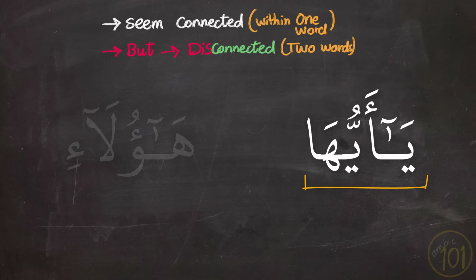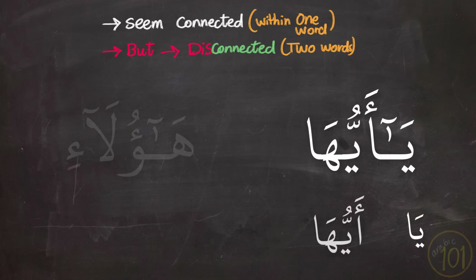However, this word is actually made up of two words. The first one is ya, and the following word is ayyuha. So we see that alif, the letter of the med, came at the end of the word ya, and the hamza came at the beginning of the following word, which makes it a med munfasil.